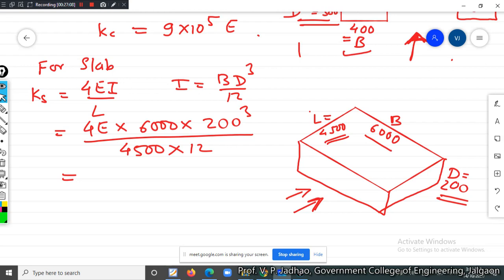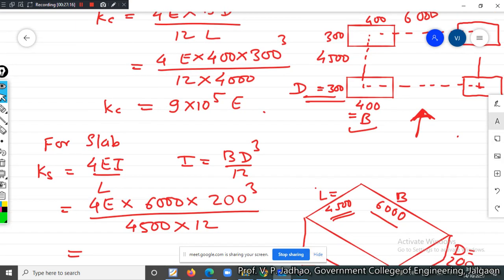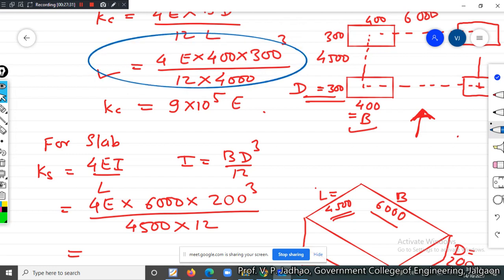Calculate this and see what value of Kc you get from this formula, the one I gave earlier, the one I am marking in blue. I think it is 4 into 400 into 300 cube divided by, okay, 9 into 10 raised to power 5 Kc. Okay, just a minute. Okay, this is correct, no problem in that.